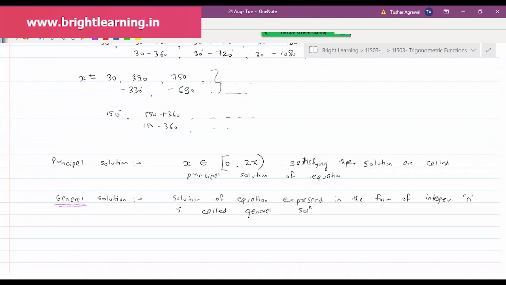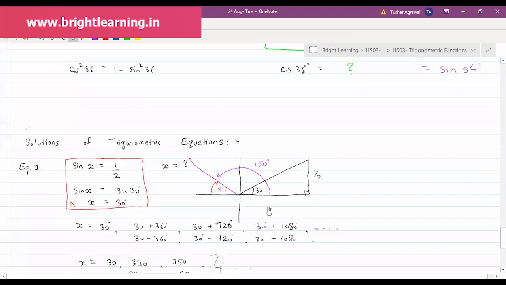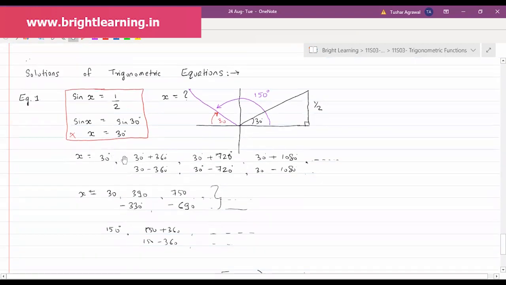The corresponding arm will be the same, but the value of the angle will be different. So 30 degrees and 390 degrees have different measures, but they correspond to the same arm, the same ray. 30 degrees and 750 degrees, the measures are different, but they correspond to the same ray.